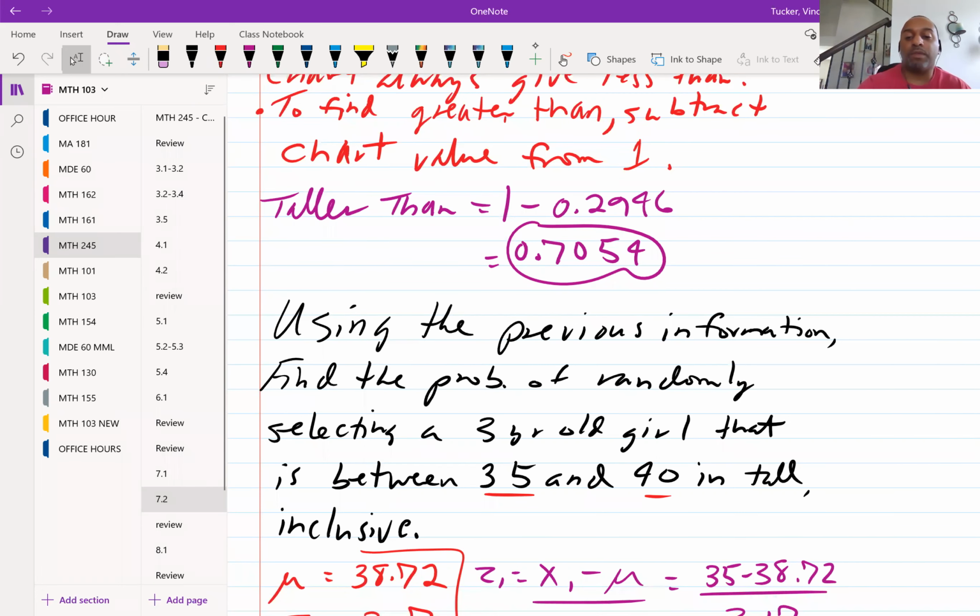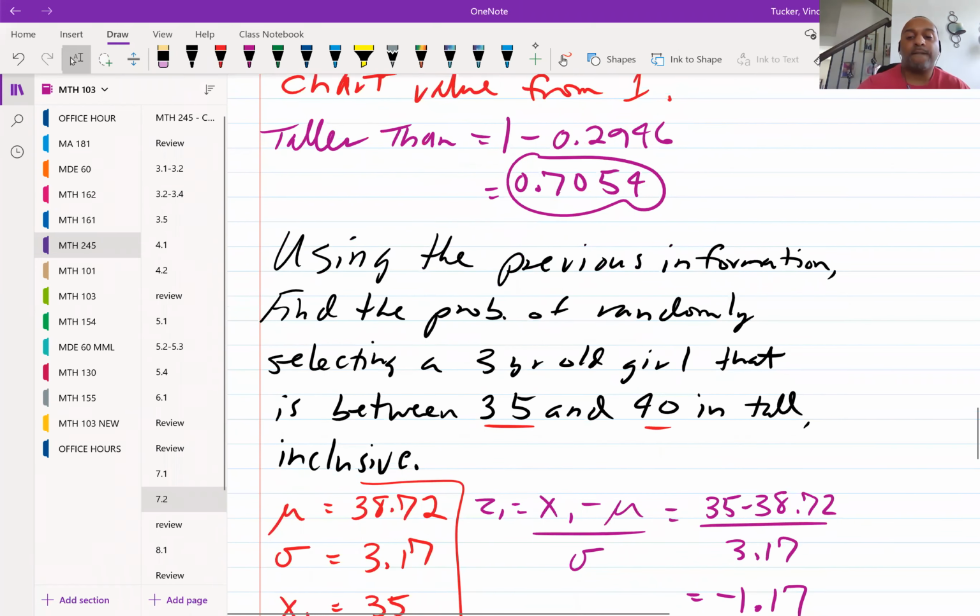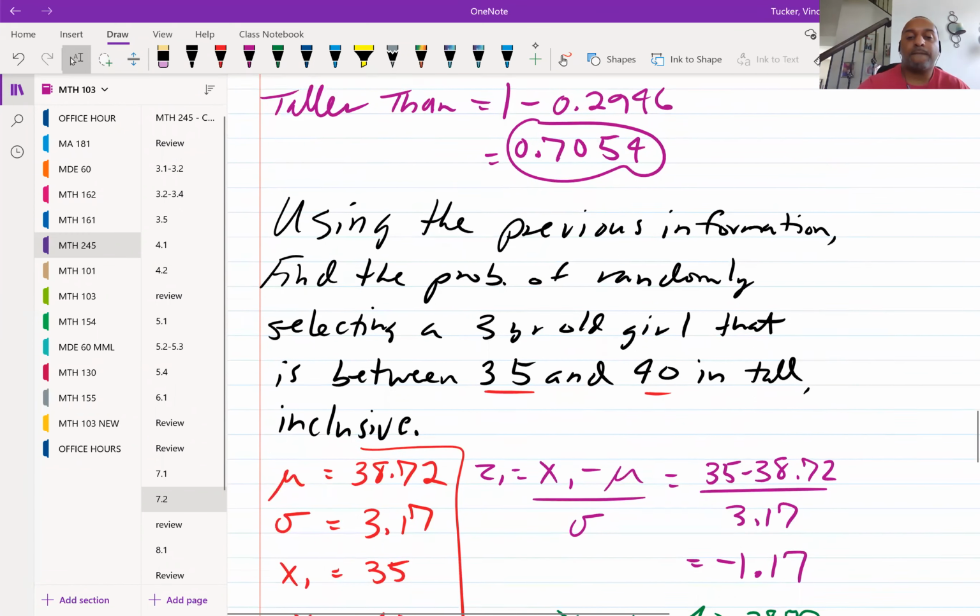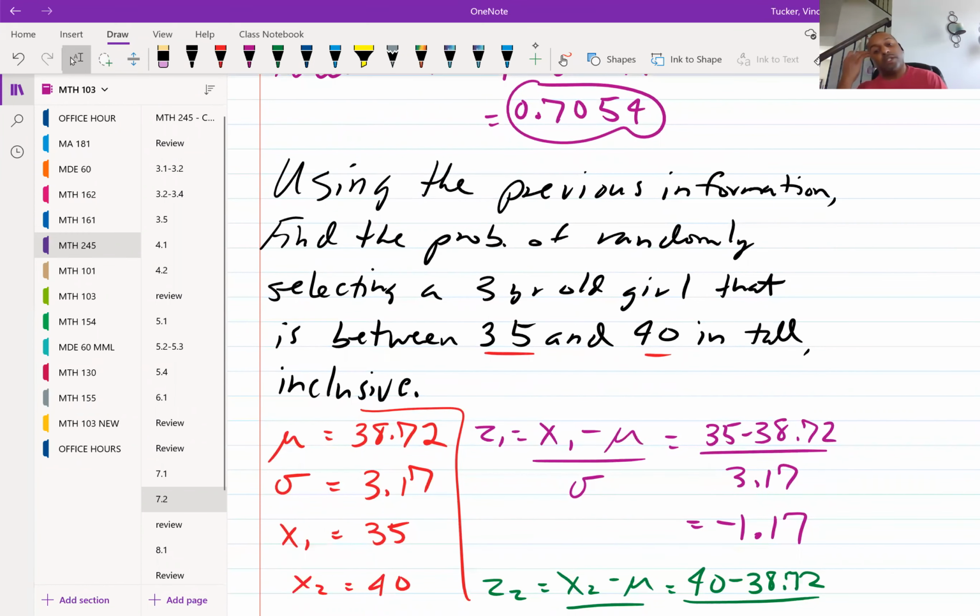It says inclusive as well. So mean and standard deviation, once again, still the same. But this time we have 2 data values. We have 35 and 40. So I'm just calling 35 data value 1, 40 data value 2.